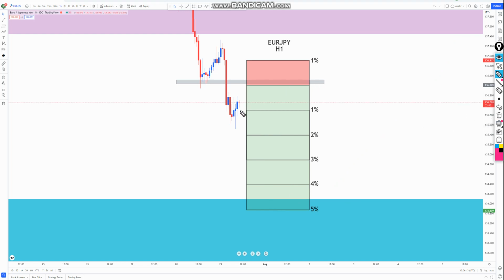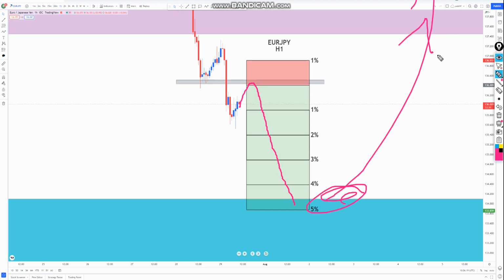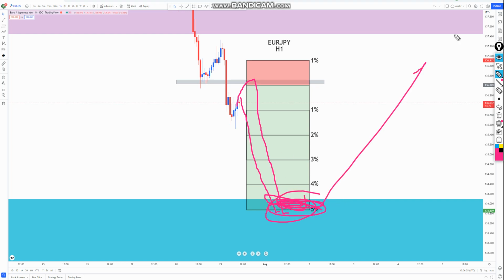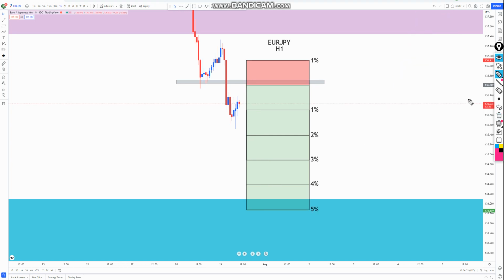Another way that we can what? Capitalize on that exhaustion before we look for that higher time frame push to the upside. So before price comes to this level, we can look for a short over here to the downside, and then after this one completes, then we can look for what? A very nice buy to the upside, as I have explained earlier.